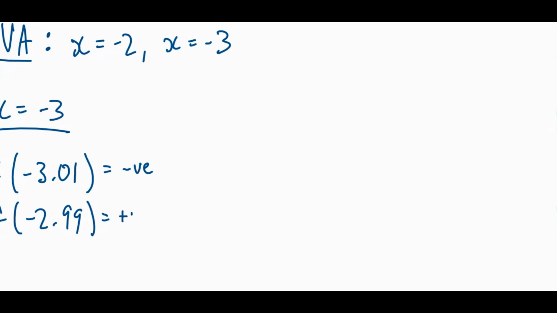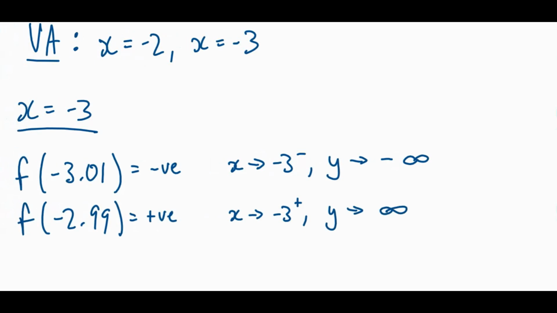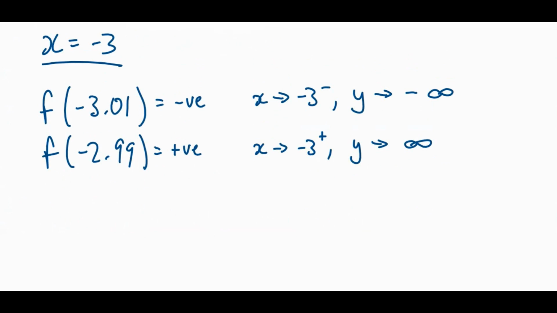This one works out to be positive. So as x approaches negative 3 from the left, y is going down to negative infinity. And as x approaches negative 3 from the right, y goes to positive infinity. Just one.